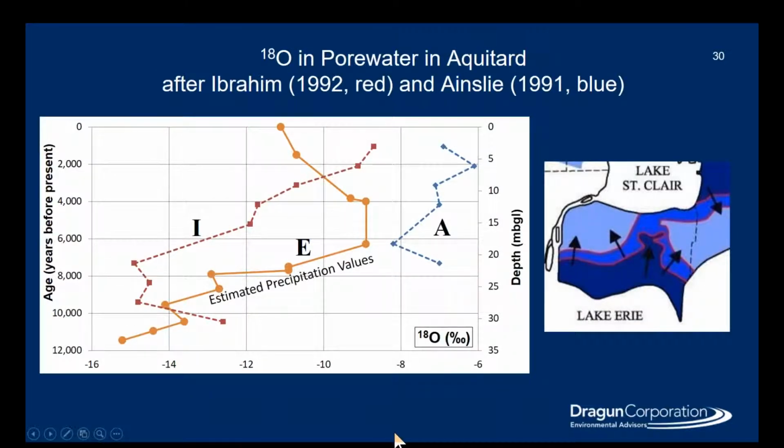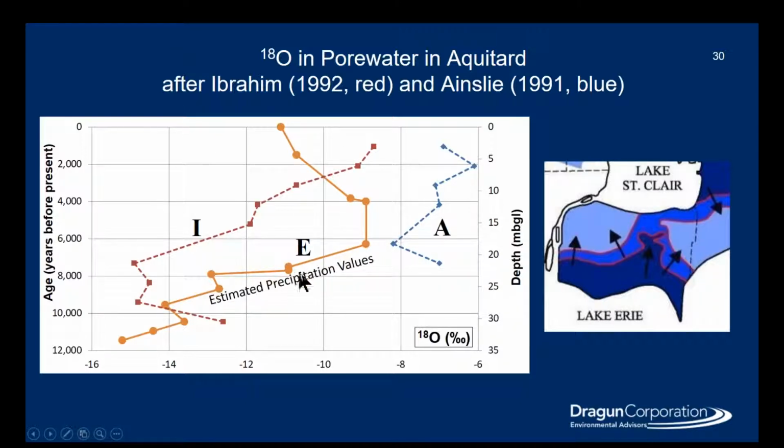So I had some graduate students also look at the overlying soils and what the groundwater in the clay above the aquifer showed. So this is compiling that data.